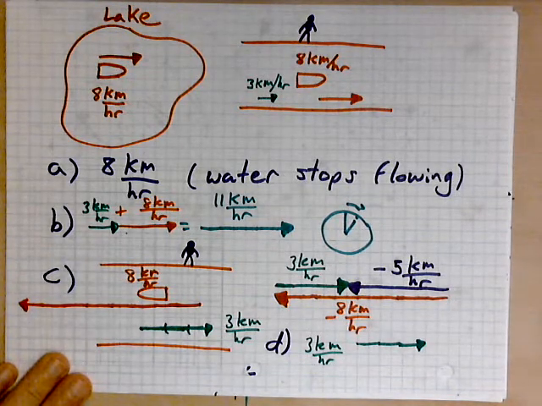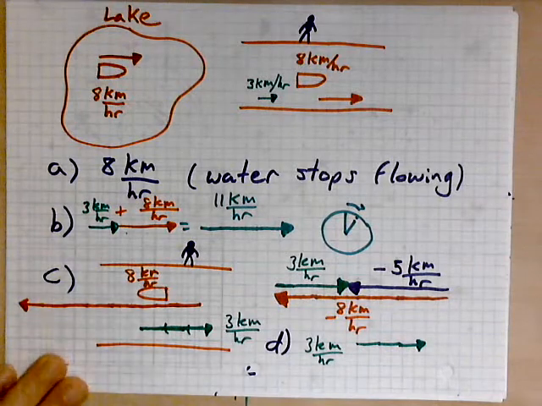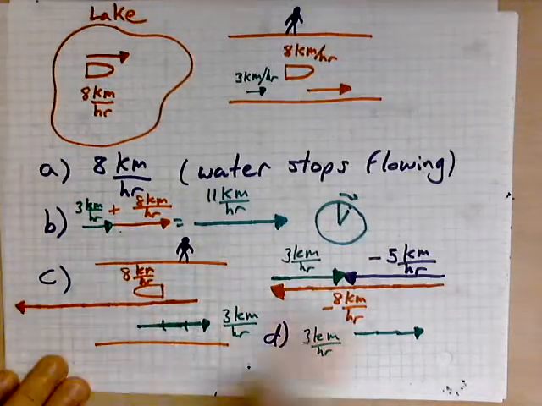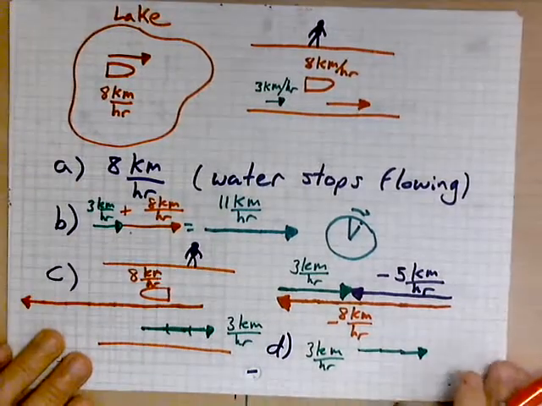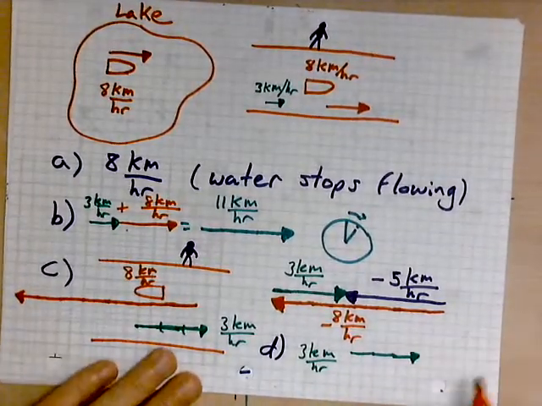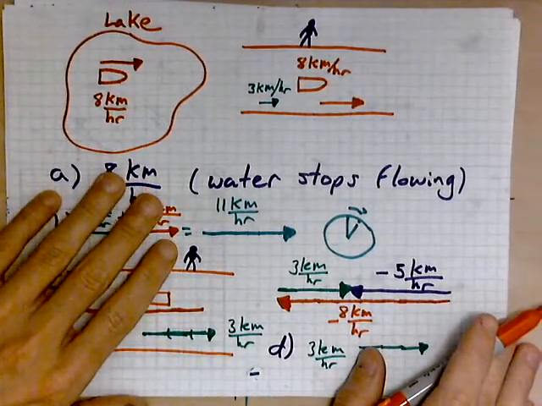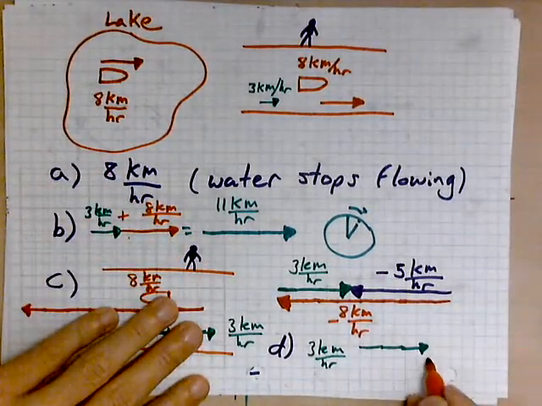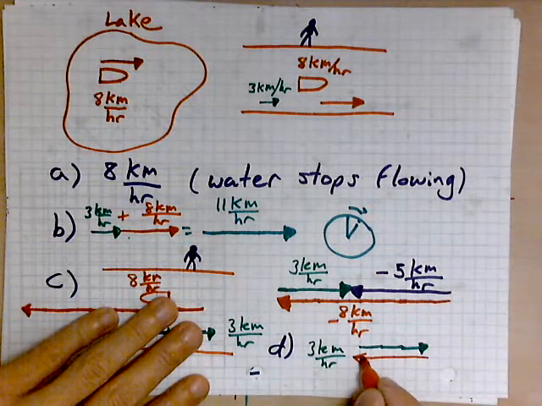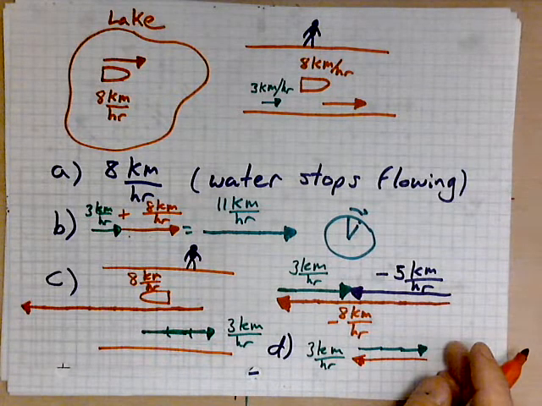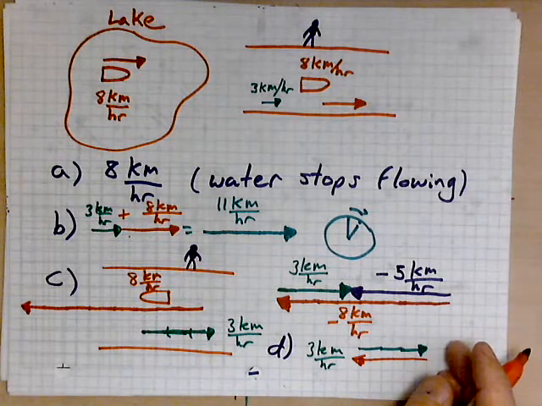Well, take a look. We'll again use an orange color, okay? If I want the effective velocity to be 0, then if the water is going down 3 kilometers per hour downstream at that rate, then the velocity of the boat relative to it must be 3 kilometers per hour upstream. You see?